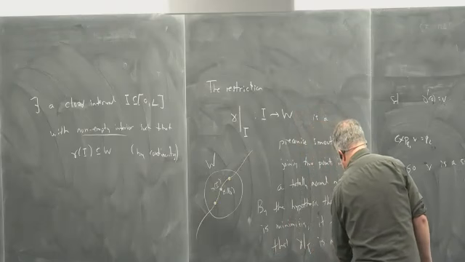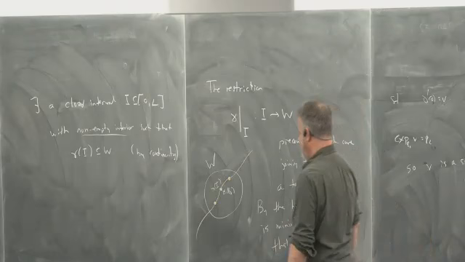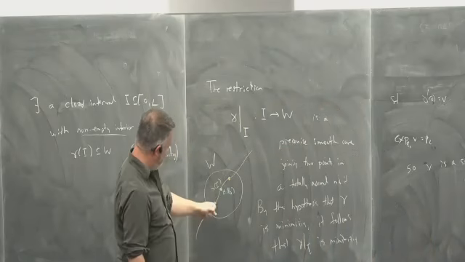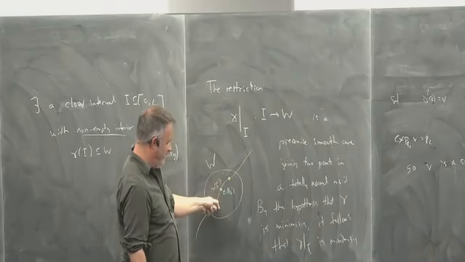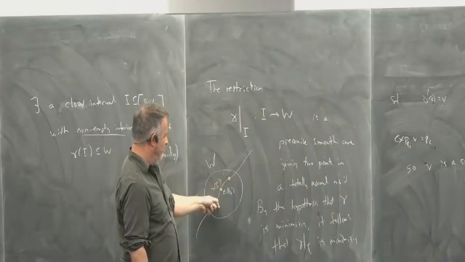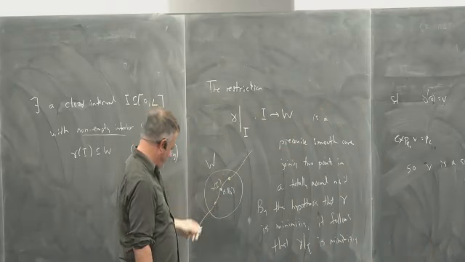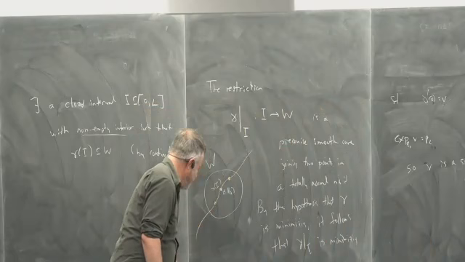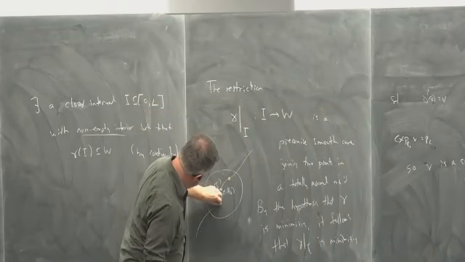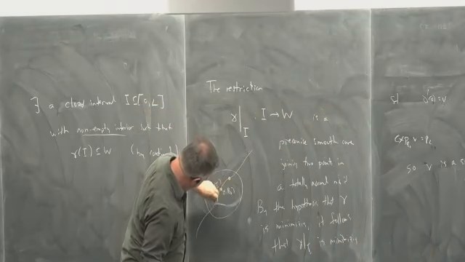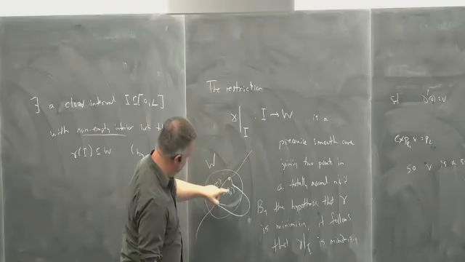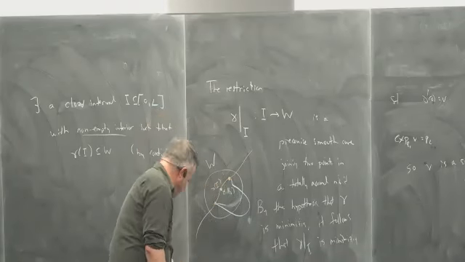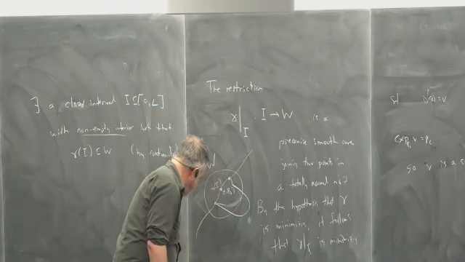Why? I want to show that any other curve joining these two orange points has length at least as big as the orange curve. If I take some other curve, it doesn't have to stay in here. I can follow the pink curve until here, then this blue curve, and then the pink curve.